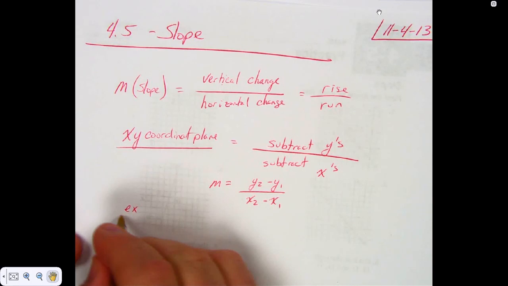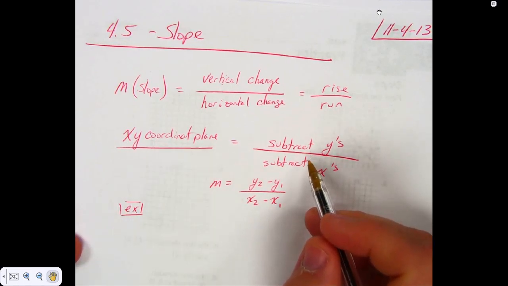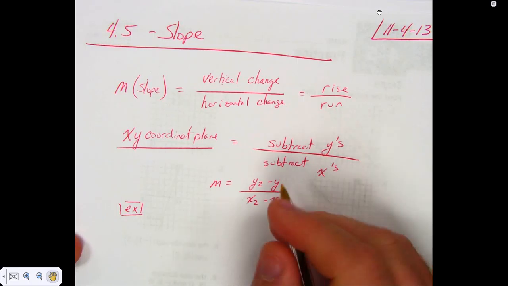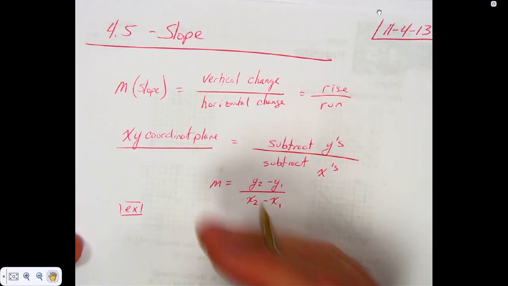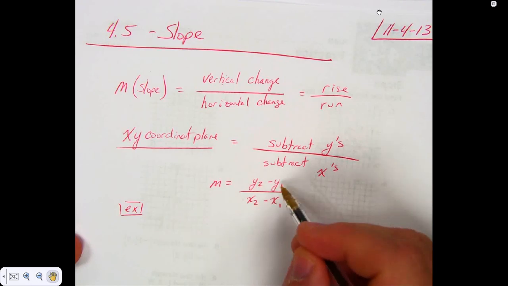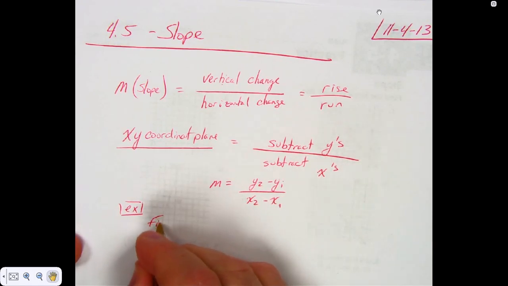Now, the reason they don't give a formula like that is because it does matter what X goes where, or what Y goes where. If you'll notice, the 2's are right above each other and the 1's. All that matters is, if I have 2 points, let's do an example.